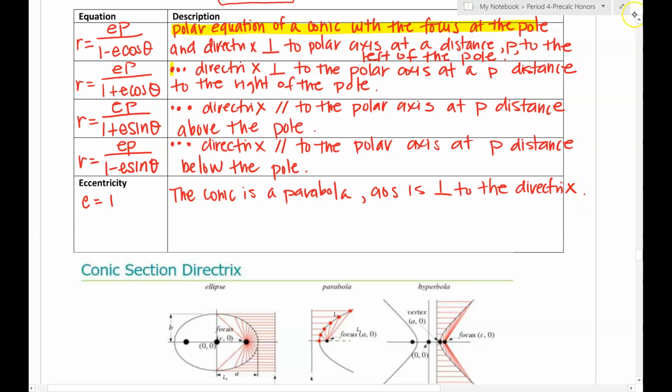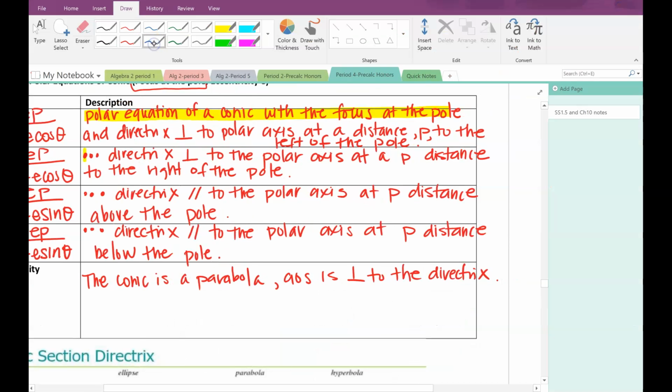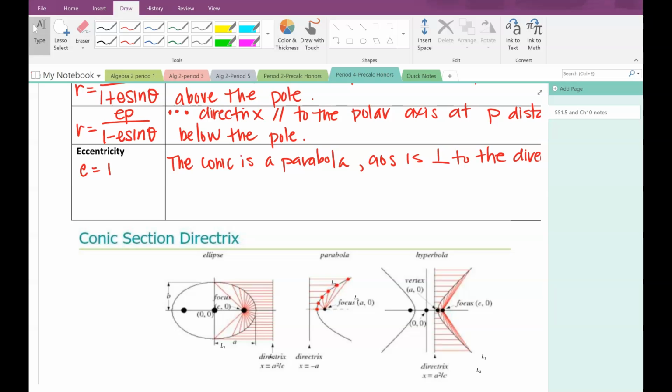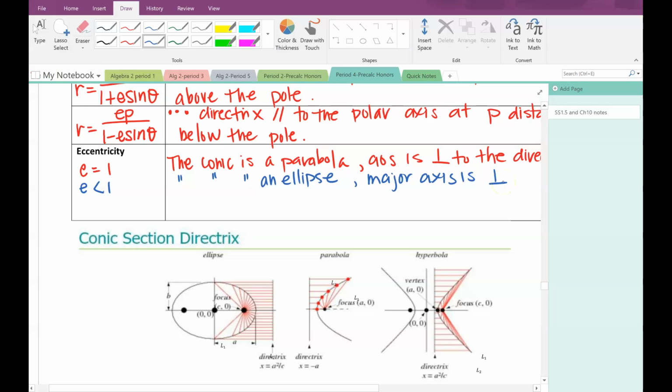Let me just go get a different color pen to get the next E value. Next is E less than 1, and we talked about this quite a bit. The conic is not a parabola, it's definitely an ellipse. And we have the major axis perpendicular to the directrix.